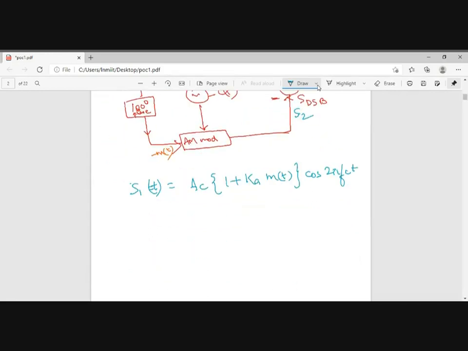But in S2, because we have inverted the phase, it is Ac[1 minus Ka m(t)] cos of 2 pi fc t. Because of this minus m(t), I am taking this minus here.